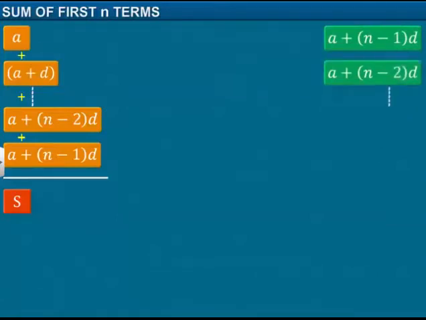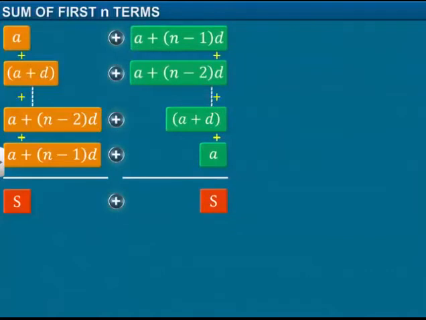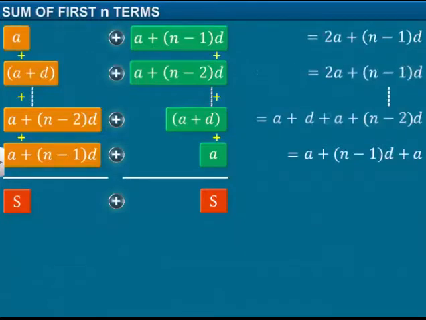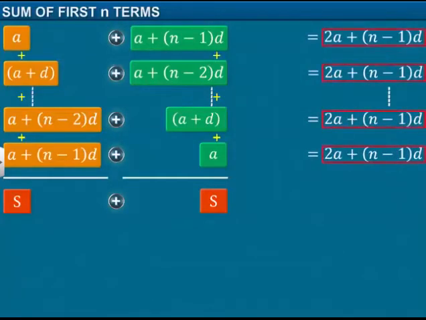Now add the corresponding terms of both the APs, that is, first term to first term, second term to second term, and so on. While calculating, you will find that the sum of the corresponding terms are equal in every case. Thus, we get 2A plus (n minus 1) multiplied by D in every case. As there are n terms, the total sum will be equal to n multiplied by (2A plus (n minus 1) multiplied by D).